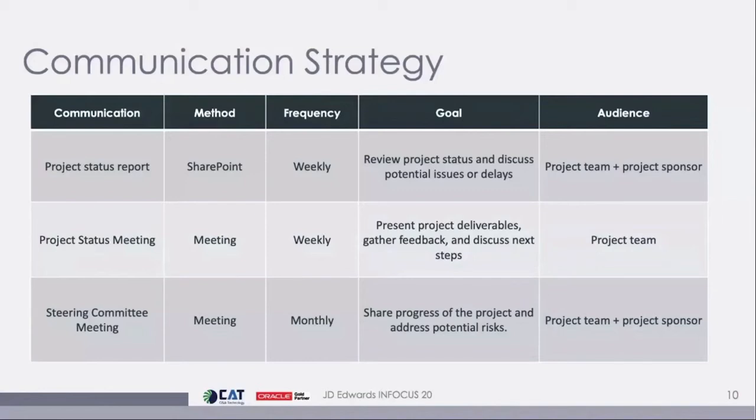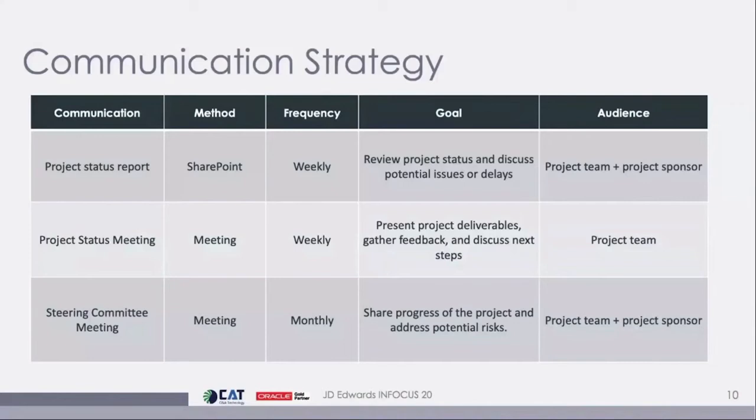And then our steering committees, we typically do on a monthly basis. The goal of that is to share progress of the project, look at any potential risks, make any mitigations of those risks that come up, as well as understand we're looking for those steering committee members to make those hard decisions from a project standpoint.